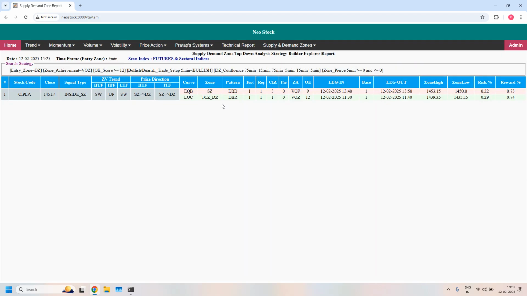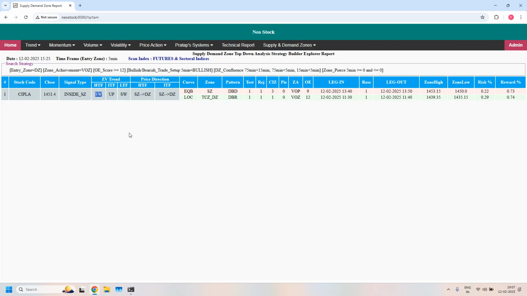In this stock, this 5 minutes demand zone is overlapped with 15 minutes demand zone. Both together again overlapped with 75 minutes demand zone. If this 75 minutes demand zone trend is sideways, no need to check for EMA confluence, because they won't give any advantage in the sideways trend.